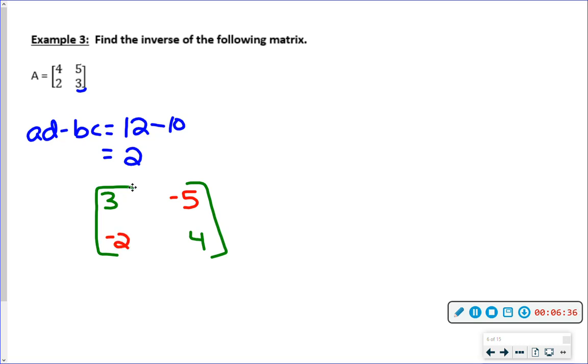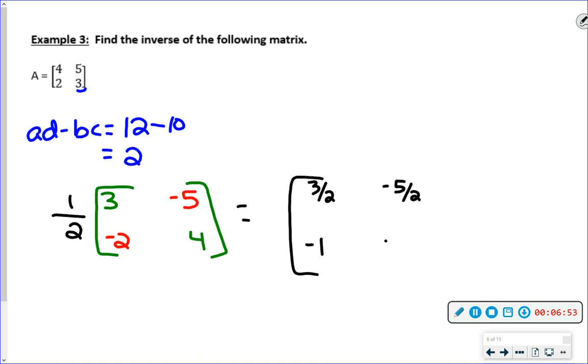And for my final answer, I have to distribute 1/(AD minus BC) through here. So now I just times all of those numbers by a half. I'm going to have 3 halves, a half times -2, -5 halves, half of 4. And there's my inverse.